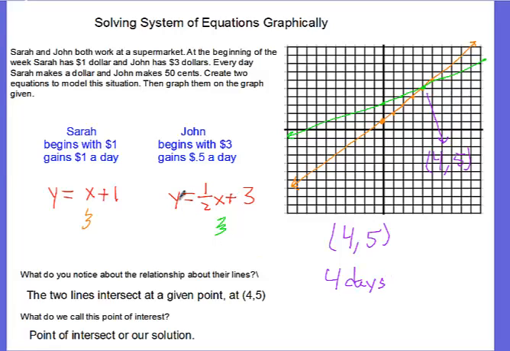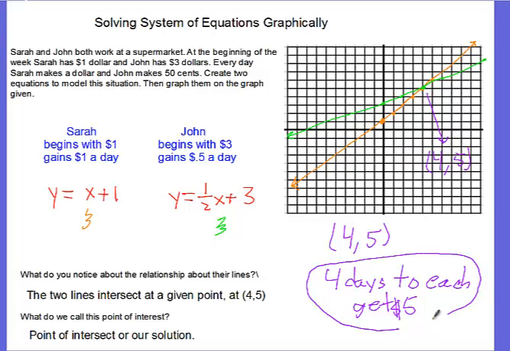Okay, and we know that Y in the equation is the amount of money they have, so it takes 4 days to each get $5. Okay, and that would be our answer to this system of equations. We solved this graphically because we graphed both our lines and saw they met at 4, 5. All right, which is good.